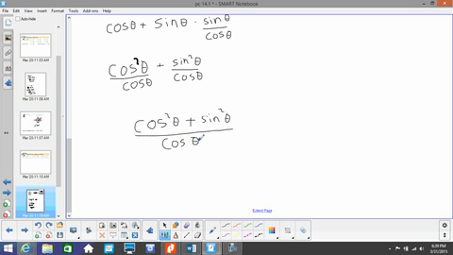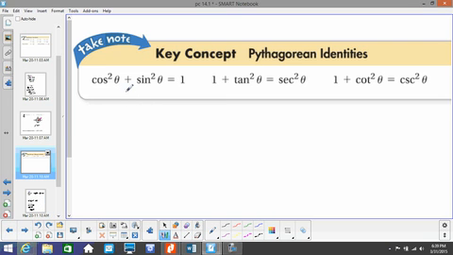Well, that's one of our Pythagorean identities. We go back a page and look at that. Matches up right there. We know cosine squared plus sine squared is 1.